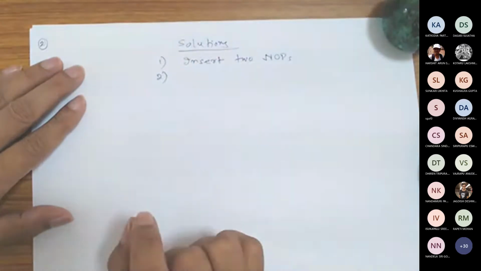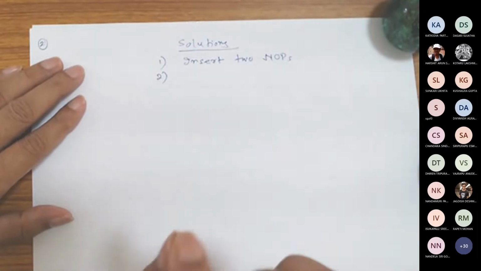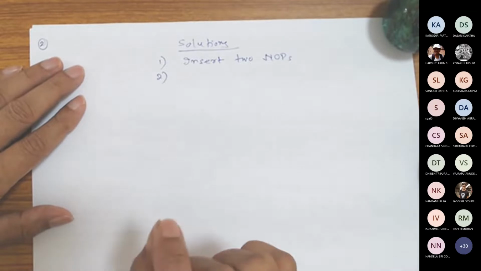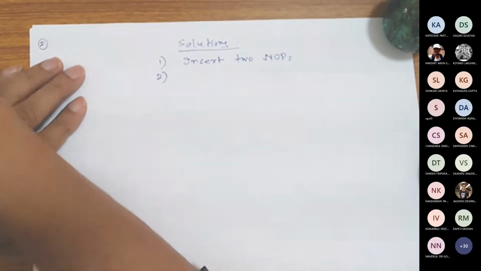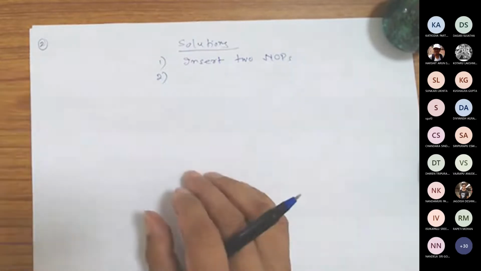But it still inserts delay. 2 NOPs means 2 clock cycles delay. Now, because we are talking about software solution, is it possible to find a better solution? Okay.